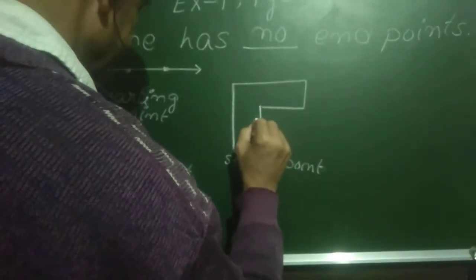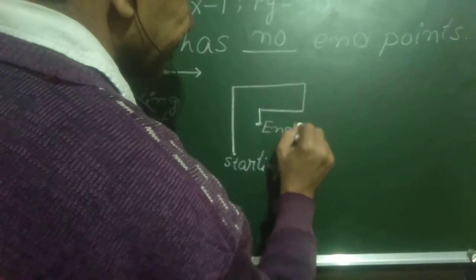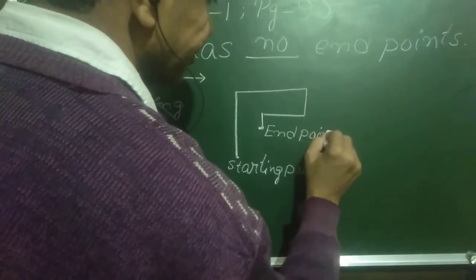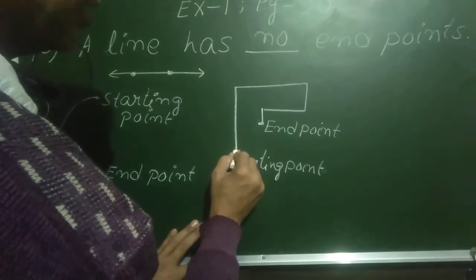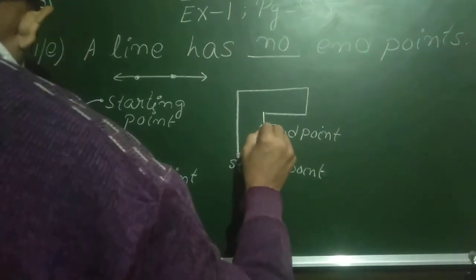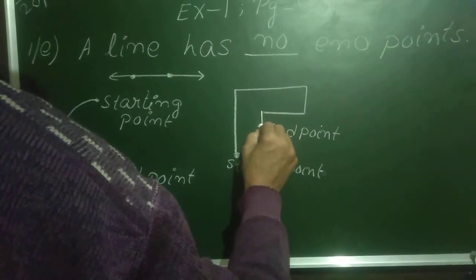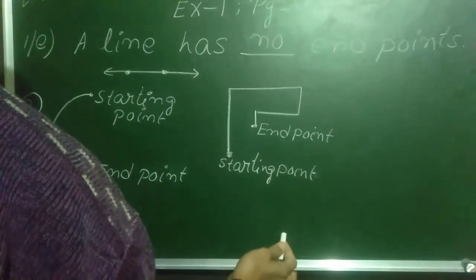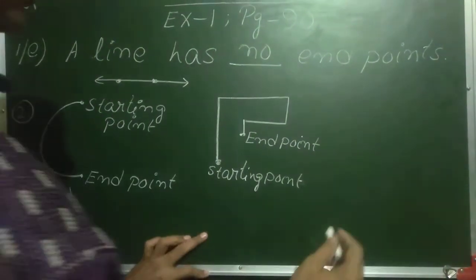This is my end point. Okay, this is my starting point and this is my end point. Alright, hence I shall say the figures where they do not have same starting point and end point are called open curve.